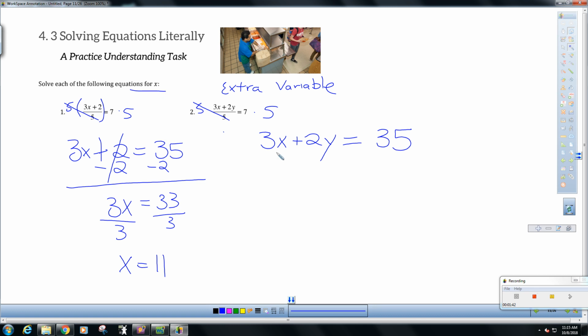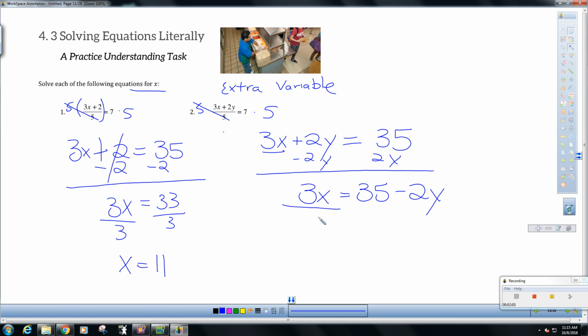So we need to get this by itself. So now we are going to subtract 2y, which gives us 3x equals 35 minus 2y. We're solving it for x.